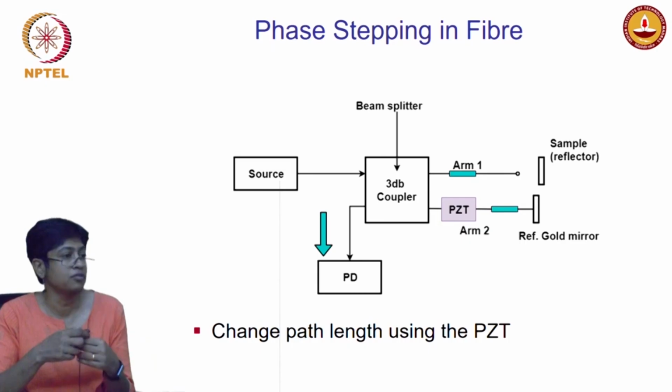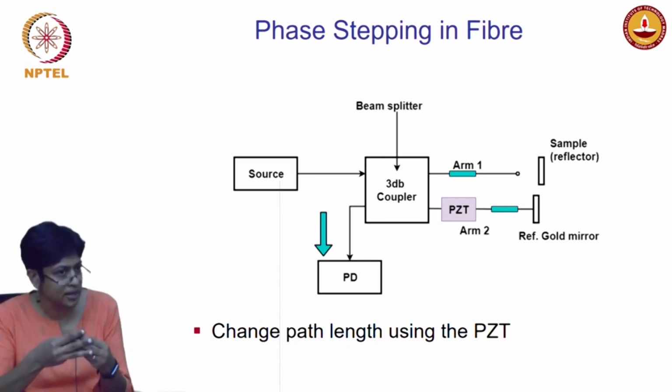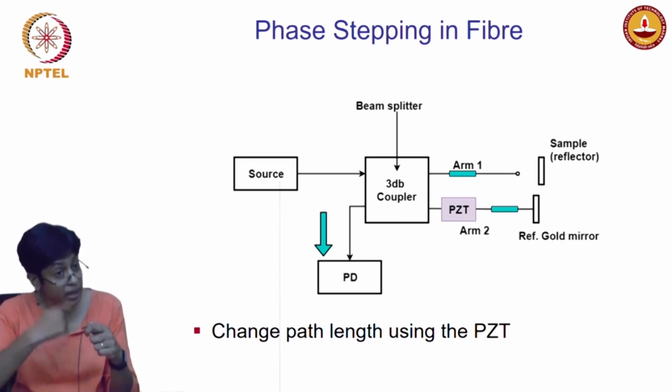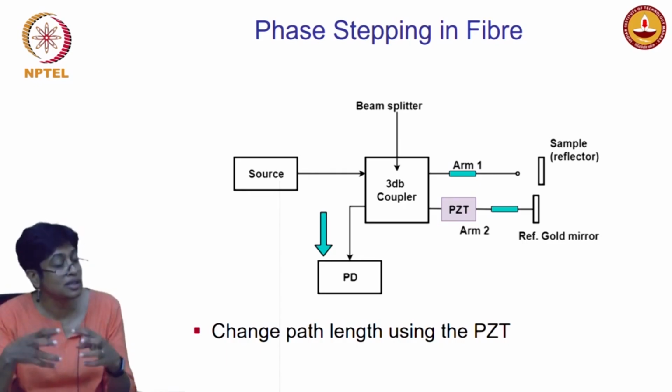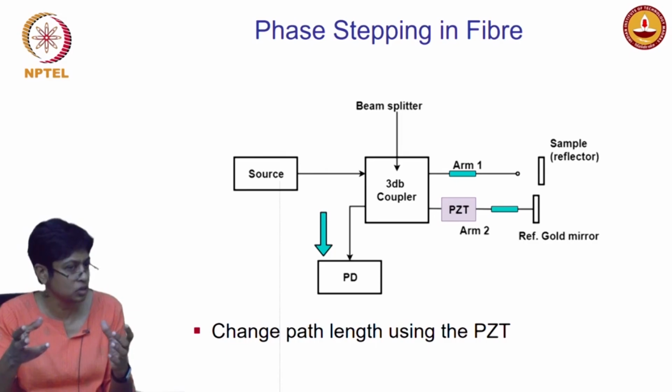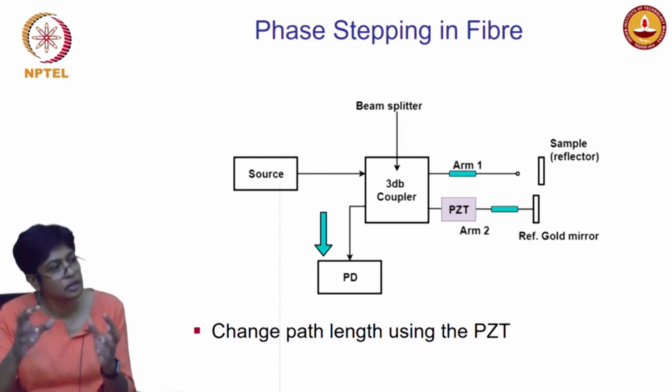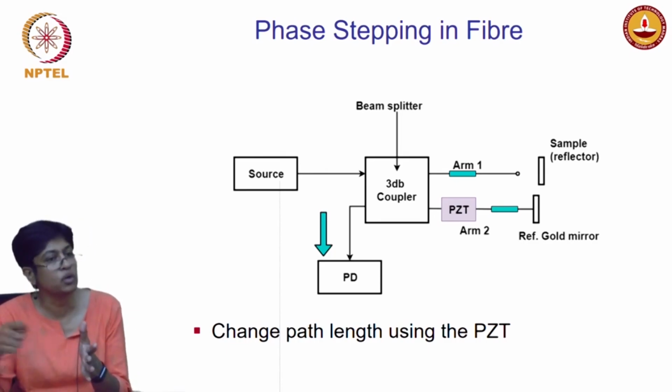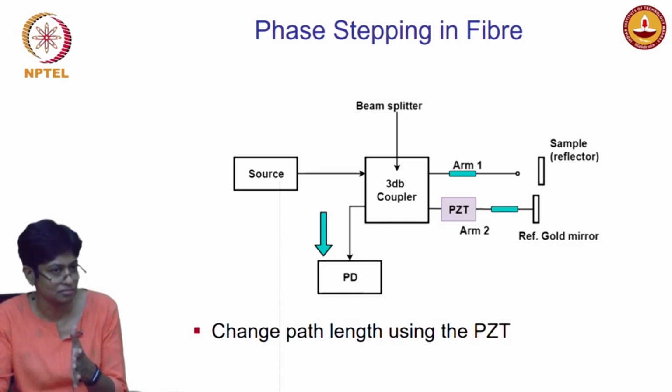Then when you apply a voltage, that cylinder will contract and the fiber is wound very tightly around it. So, the length of the fiber also changes, maybe the refractive index also a little bit, and you can calibrate this to say for this voltage I get this phase change.